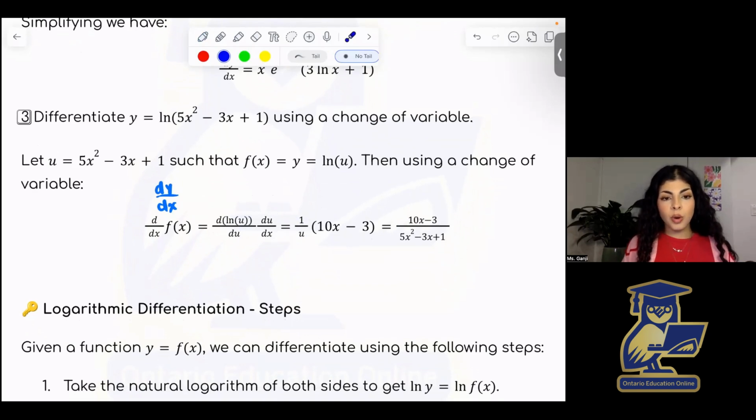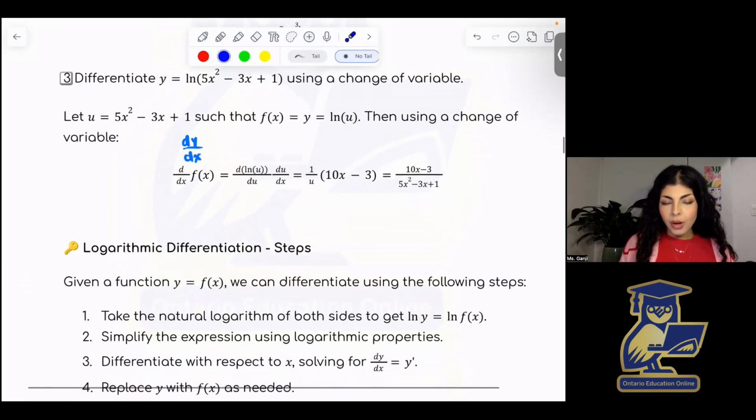This part here is just 1 over u based on our definition, and then the derivative of the polynomial is just 10x minus 3, which you can see from here. And now I will have one last step, which is to substitute that value of u here. And so now I am left with a rational function here. And again, you can just leave this as is. We wouldn't be able to simplify this any further anyways, so just leaving it as is is fine.